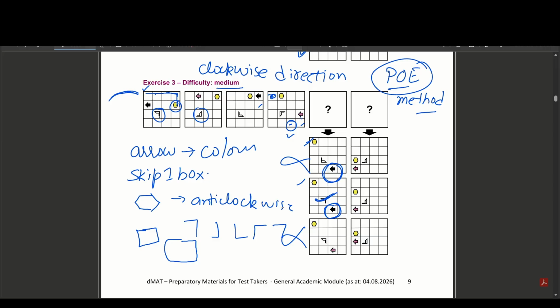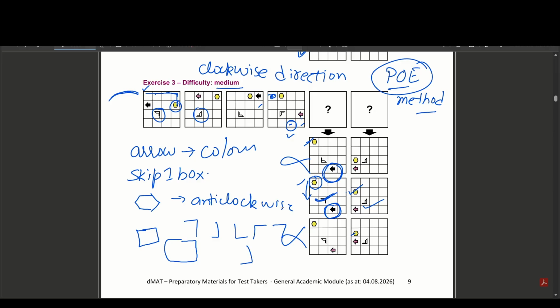Now moving further, we know that the next figure for this is L. This is correct. Now here, when it is on the outer boundary, it will move back here. So this is the correct option. This is also correct here.